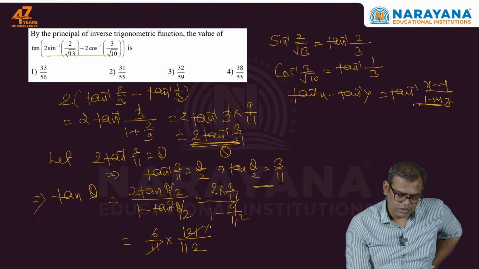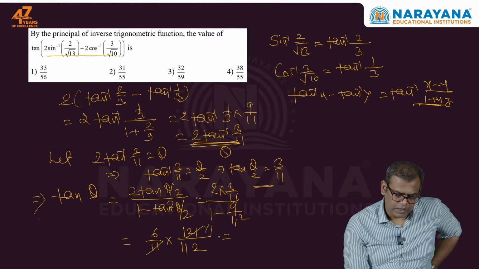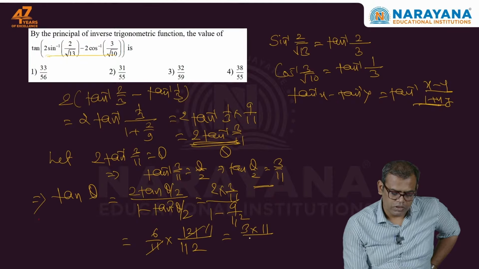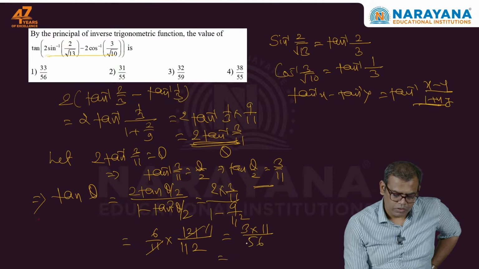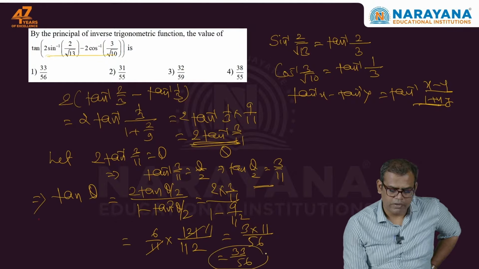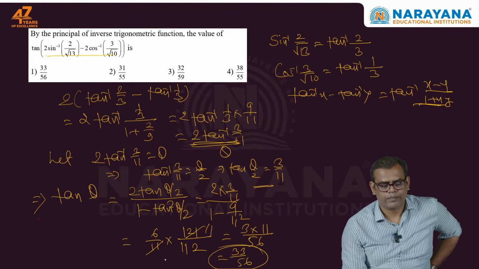So this 11 cancels, and this will become 3 into 11 divided by 56. So this is 33 by 56, right? 33 by 56, first option is correct.